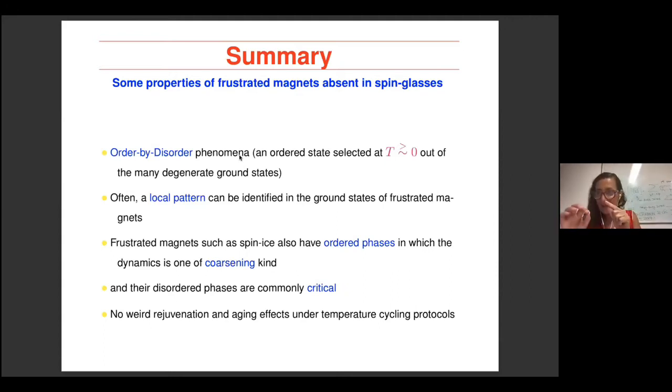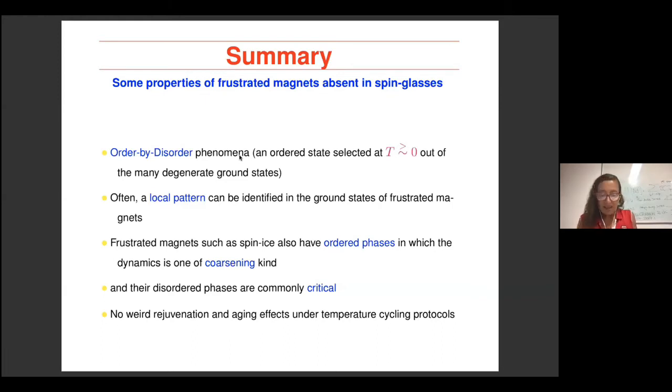And this particular state is often ordered. This order by disorder phenomenon was proposed and analyzed by Villain in the 70s, I think, 80s. There's nothing like this in problems with quench randomness, as far as I know. So this is one particular feature of frustrated magnets, which is not present here.